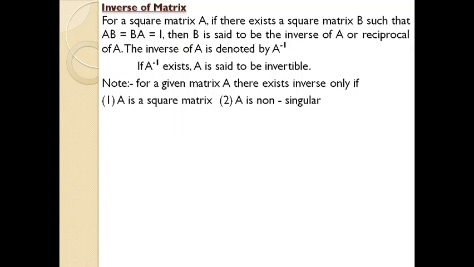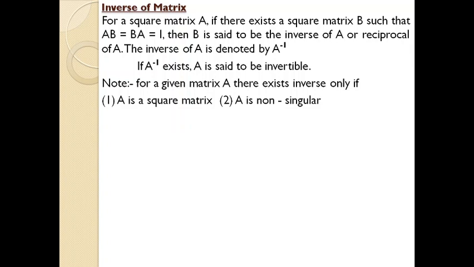We all know what is meant by non-singular: the determinant of that matrix will be a non-zero value. It may be positive or negative, it doesn't matter. It will be other than 0. Those are the requirements for a matrix to have an inverse.